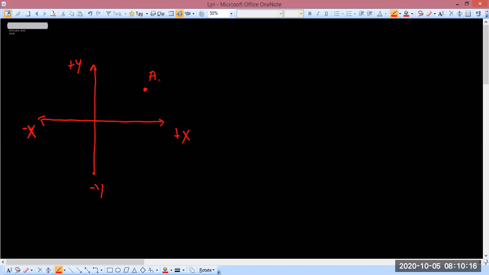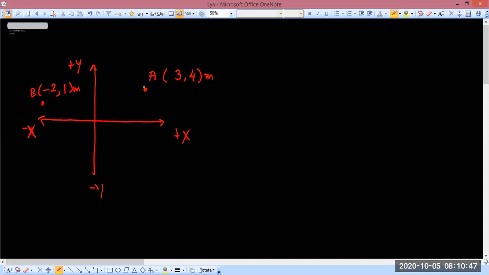Suppose we draw one vector from this point A to this point B here. Let's say the point A has coordinates 3 comma 4 meter, and this point B has coordinates minus 2 comma 1 meter. Suppose we draw a vector from A to B. Why do we need to draw a vector from A to B?